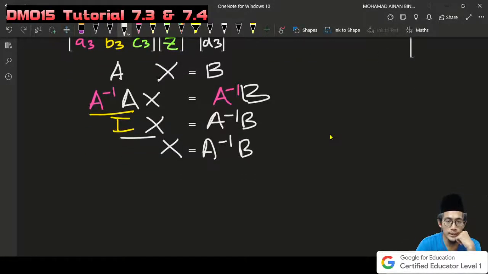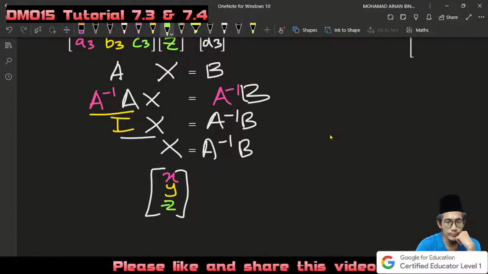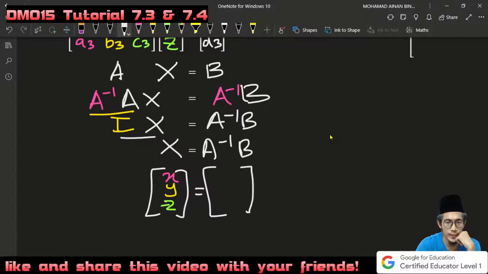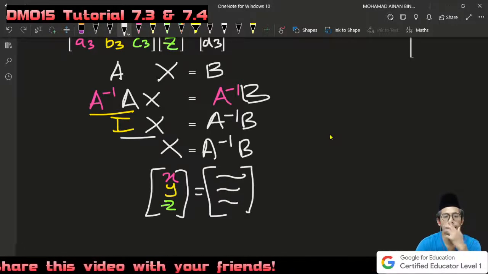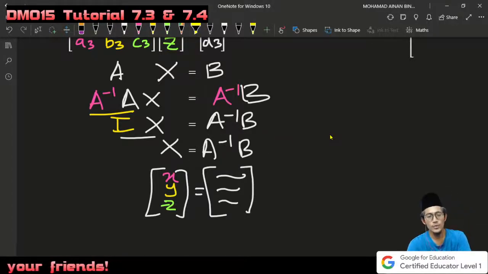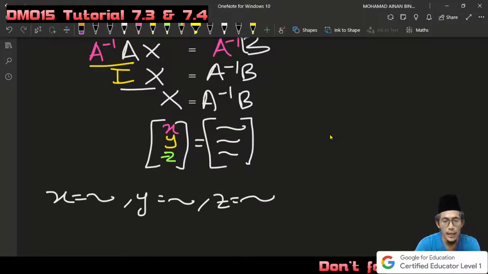Therefore, over here, kita dapat X tu is the variable tu tadi. X, Y, dan Z. Okay. Iaitu adalah answer that you will get over here. Sebab kalau kamu darab ni, kamu akan dapat macam ni lah. So, from here, we can conclude X adalah apa, Y adalah apa, and Z adalah apa.